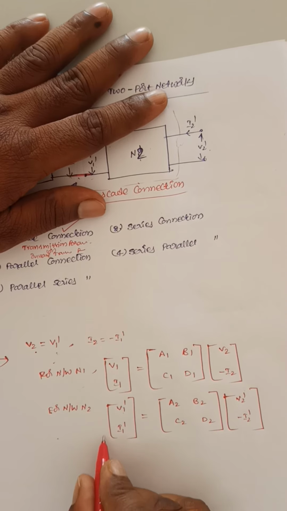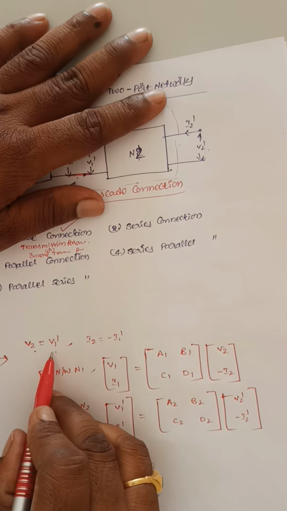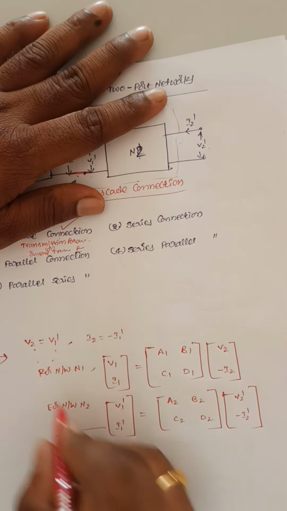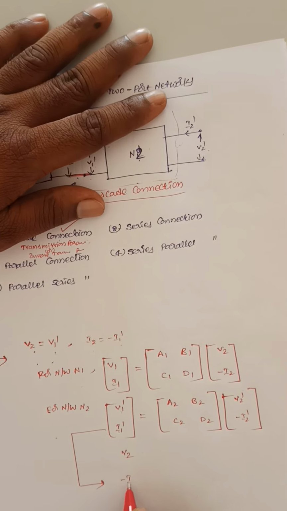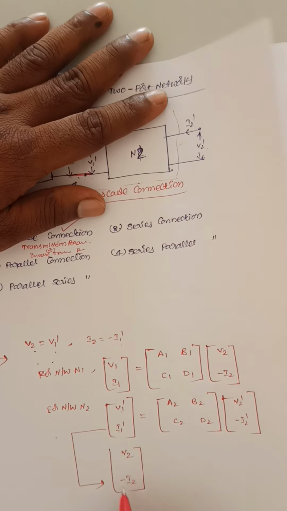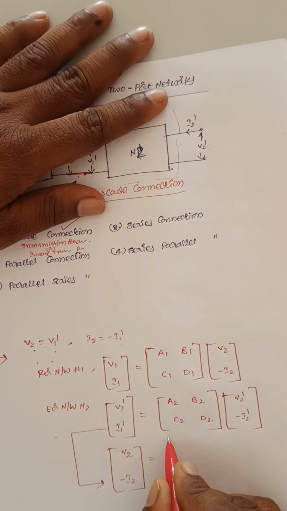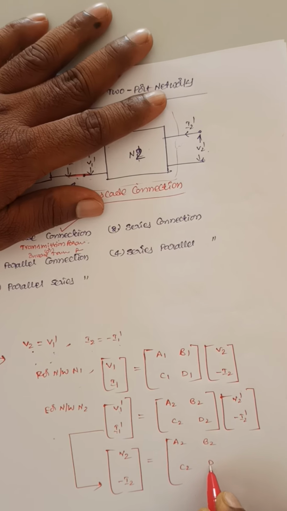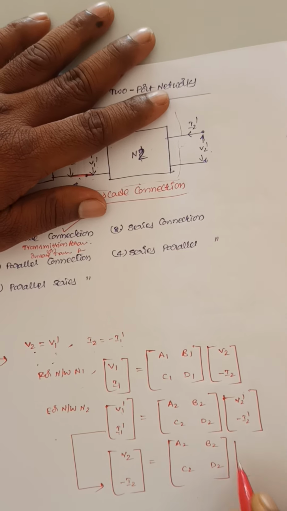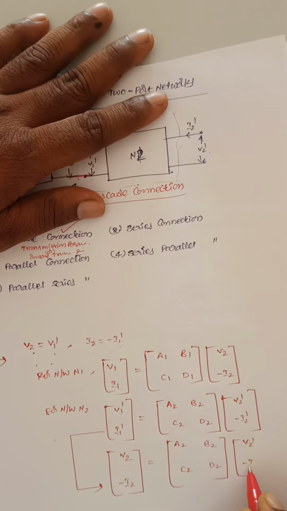So you substitute these equations: V1 dash is equal to V2, I1 dash is equal to minus I2, that is equal to A2, B2, C2, D2 times V2 dash, minus I2 dash.